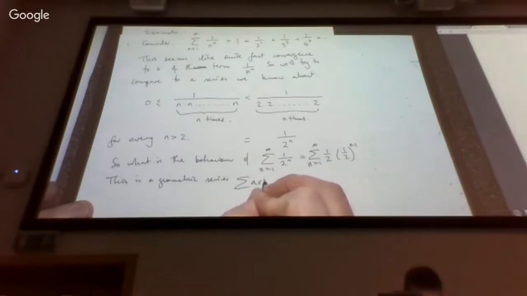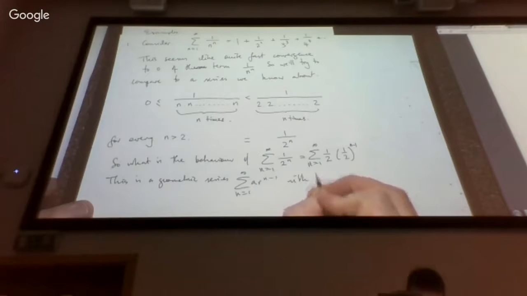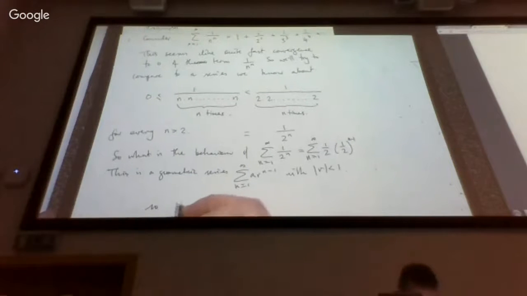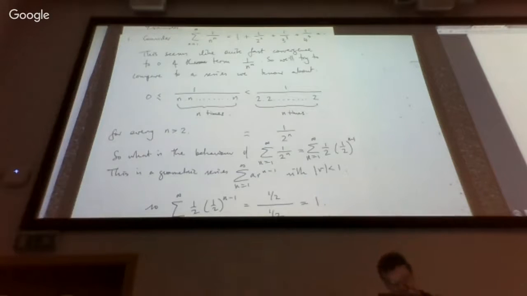Sum of a r to the n minus 1, n equals 1 to infinity, with the absolute value of r strictly less than 1, because r is a half here. So the sum of this a times r to the n minus 1 is going to have infinite sum, this is going to have sum 1.